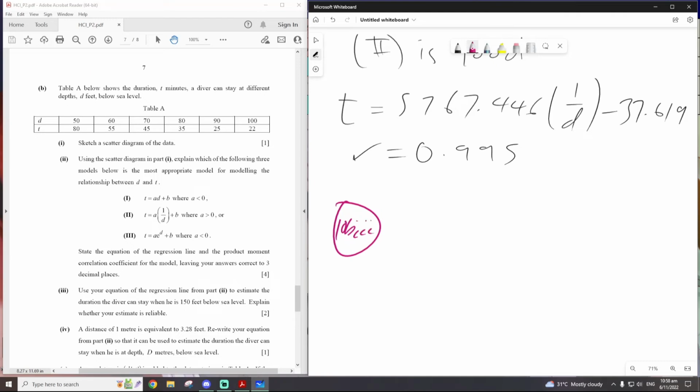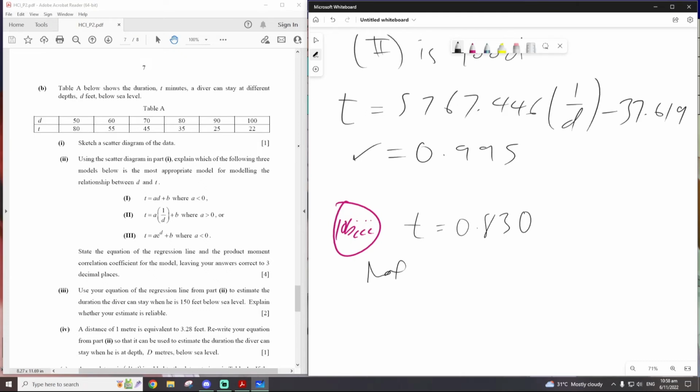10b part 3. Estimate the duration when it's 150 feet below sea level. Once again, you just plug in d equals 150 and see what happens to t. You'll get t equals 0.830. And at this point, you will realize that there's a problem, right?